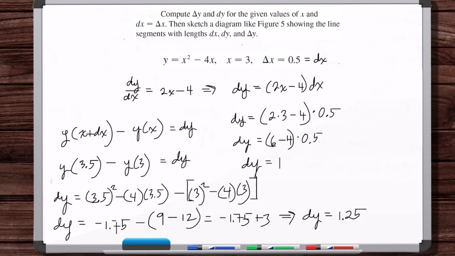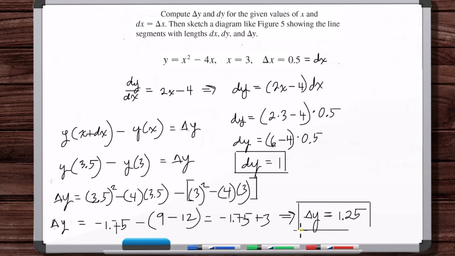Or no, I'm sorry. This is delta y, not dy. This is delta y. Okay, so there's dy, there's delta y, there's dx.